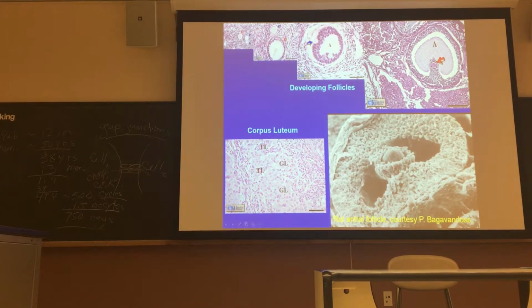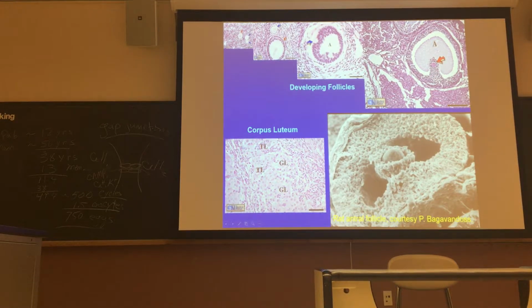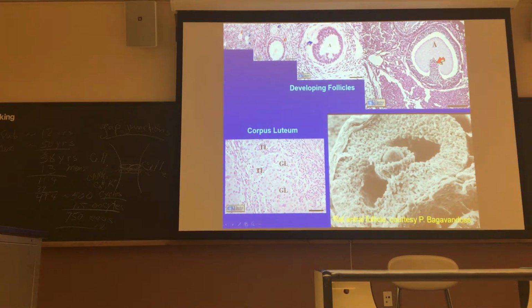This was a scanning electron microscopic image of what's called a freeze-fractured follicle. So this structure was fixed and fractured, broken open, and then coated with a metal and put under a scanning microscope. And this particular image was fortuitously captured.